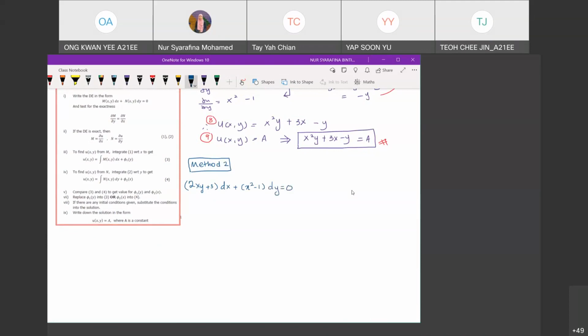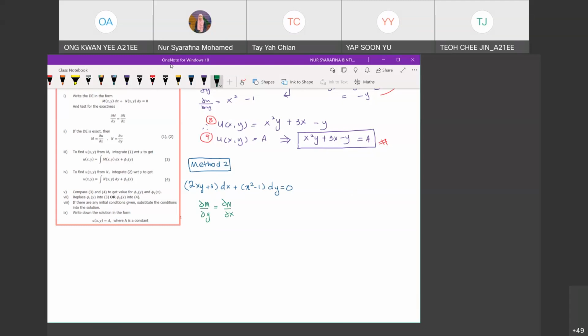Of course, the first step is to make sure what your m is, what your n is, and prove its exactness. Once you prove its exactness, then you know that del m del y equals del n del x.